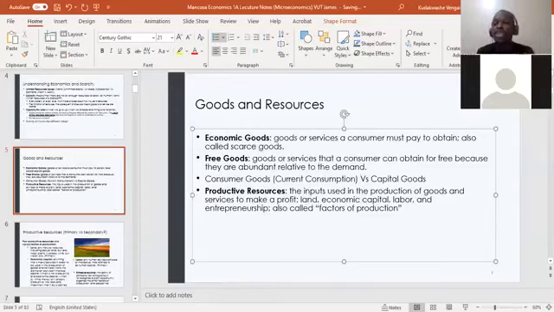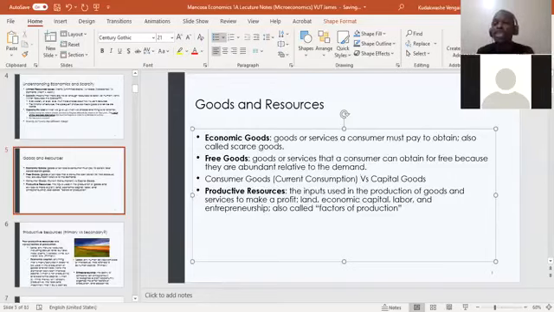Okay, let's add some more notes here. We said consumer goods and capital goods. We can also talk about intermediate goods versus final or finished goods.